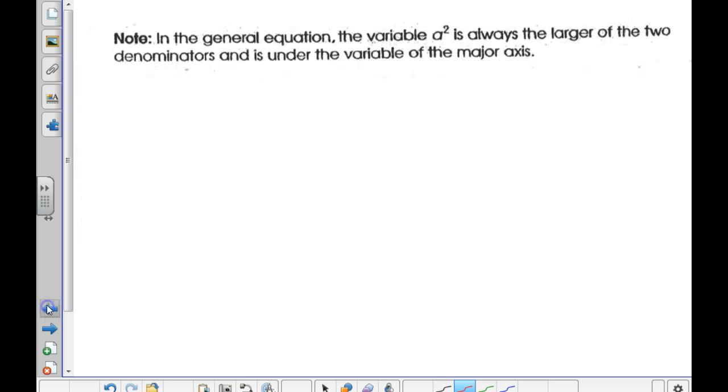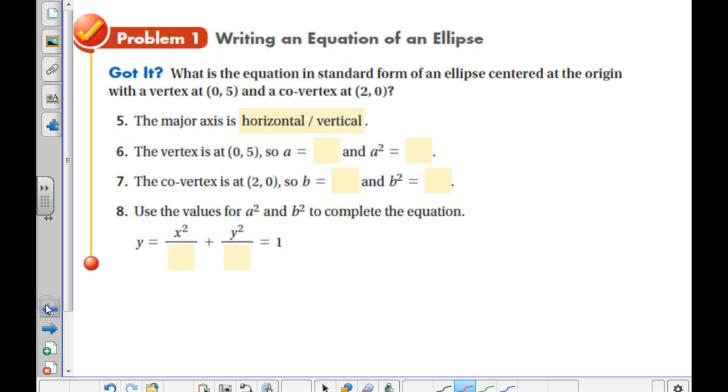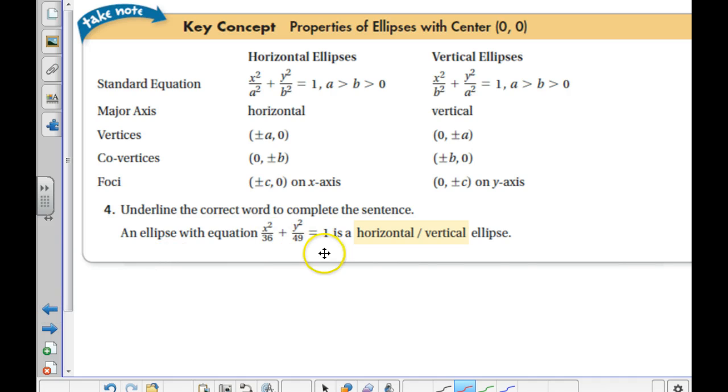Now, back to the properties we want to talk about. I'll just use the one that's here. This ellipse right here, we want to examine all these properties, okay? Out on the x, it goes this distance, the square root of that, which is going to be how much? 6.